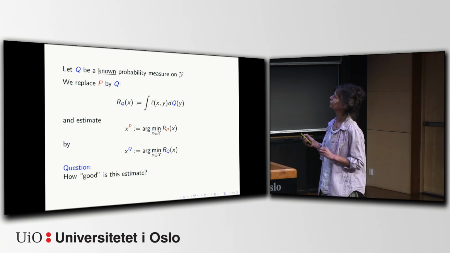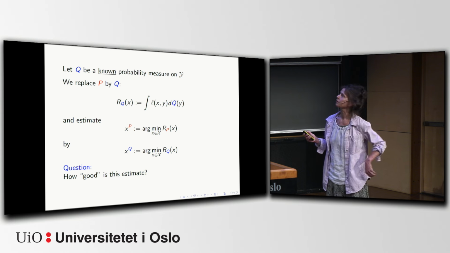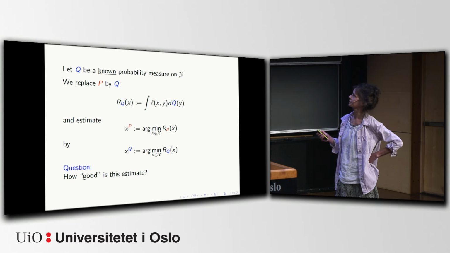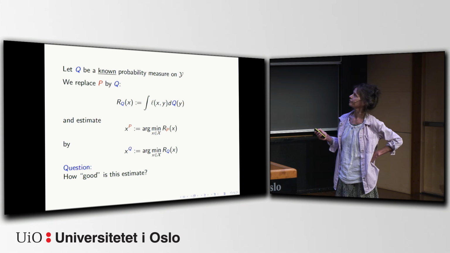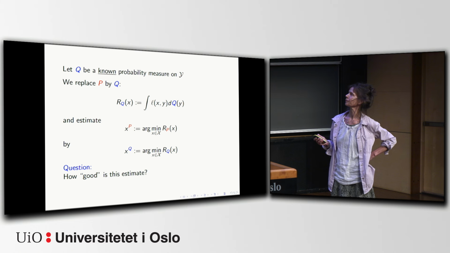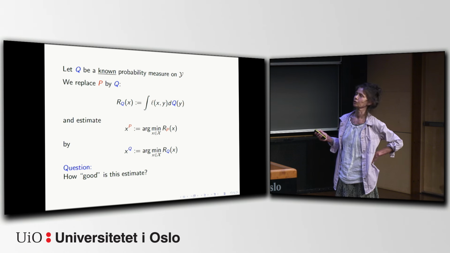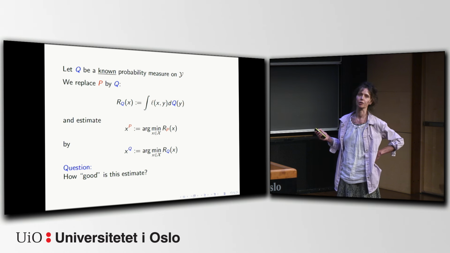So we don't know the future, so we replace it by some estimate. The unknown probability measure is this red P, and I replace it by a known probability measure Q, the blue one. So the average with respect to this known probability measure depends on that measure, so I put a subscript here. And so the risk depends on how you average the loss function.